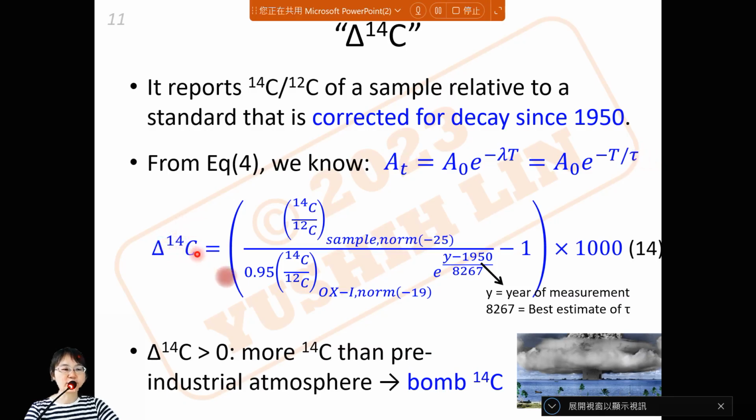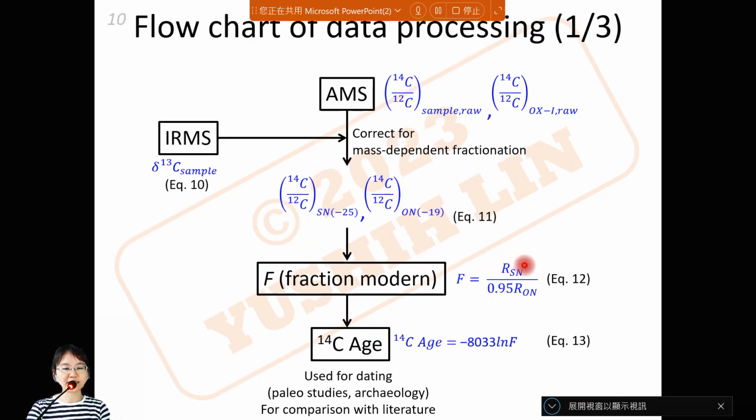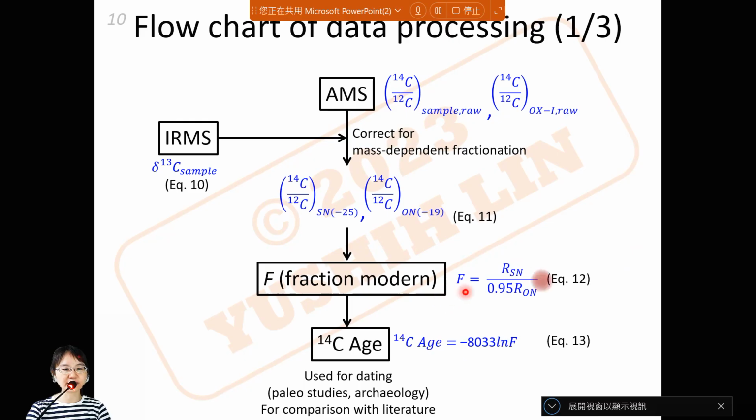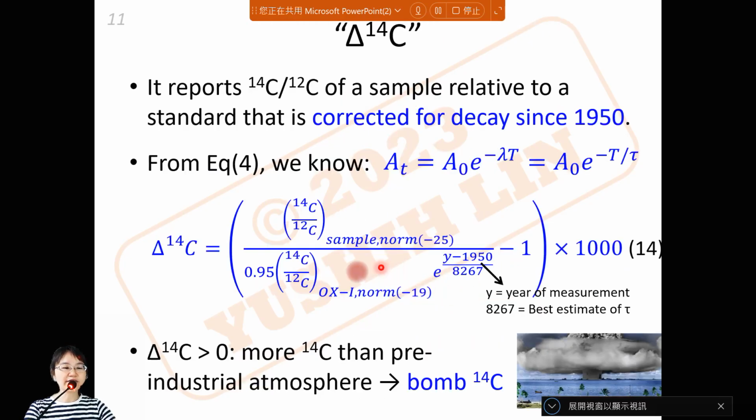The big delta C14 has this definition. This looks very similar to here. This is the ratio of sample, ratio of standard, and 0.95 is again here. However, here you see the term has to be multiplied by another exponential term.